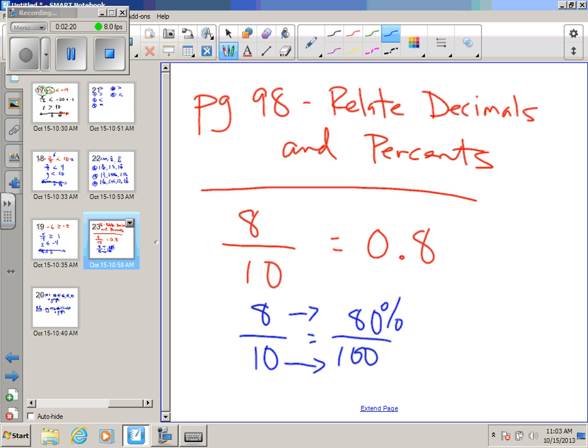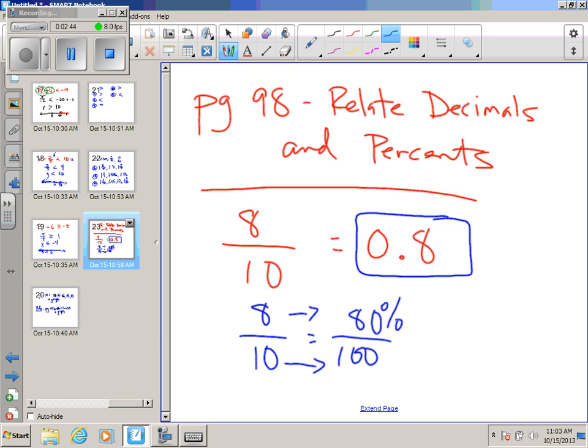That would be 80%. But how do I get from this, the 0.8, to 80? Hint, it has to do with the decimal. Carlos. I'll need to move my decimal.